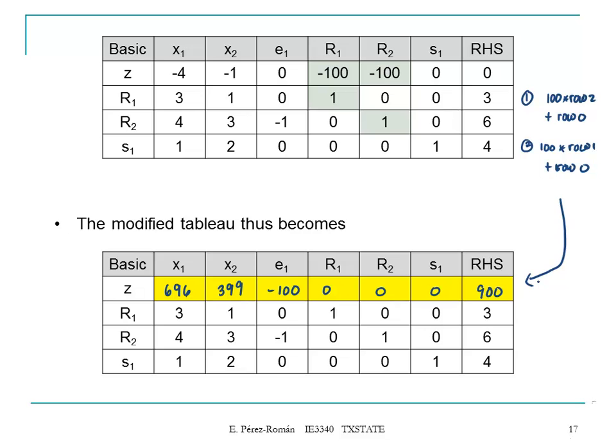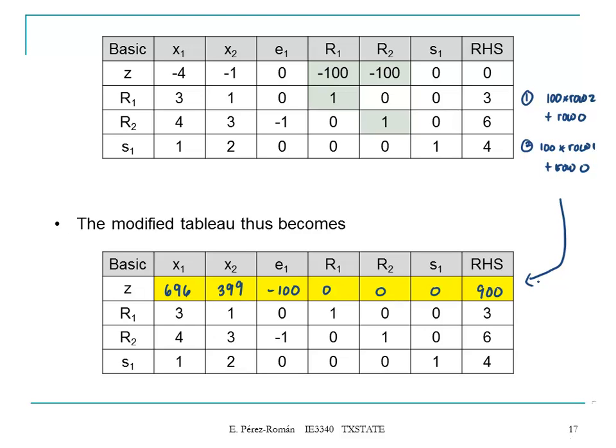Okay, so we started with a tableau with no basic variables. We added our artificial variables in order to make them part of the basic solution. But when you add those artificial variables, you still have to modify your row 0 because those numbers are not 0.